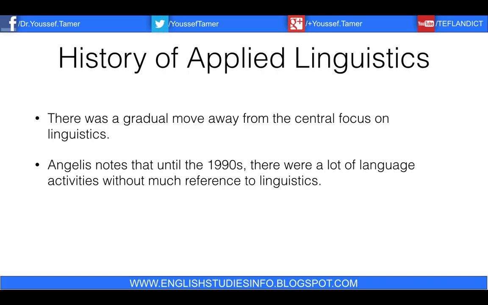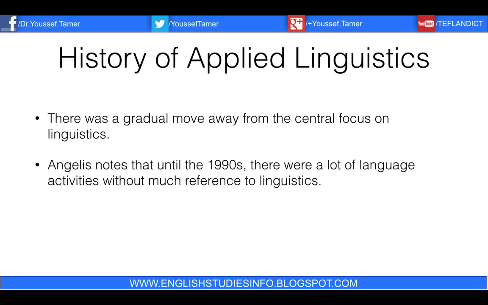Angelis notes that until the 1990s, there were a lot of language activities without much reference to linguistics. Because in this historical development, moving from linguistics to applied linguistics, there is now a lot of work that focuses on things not really linguistics per se.